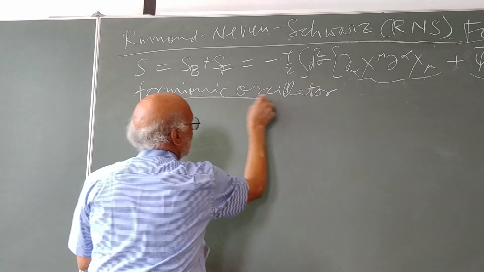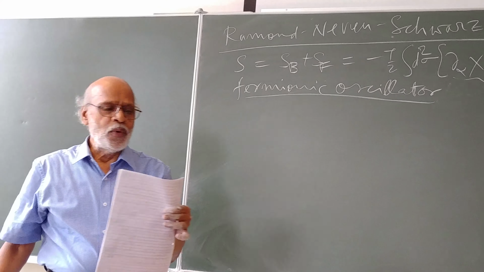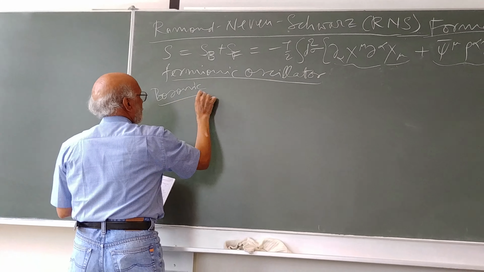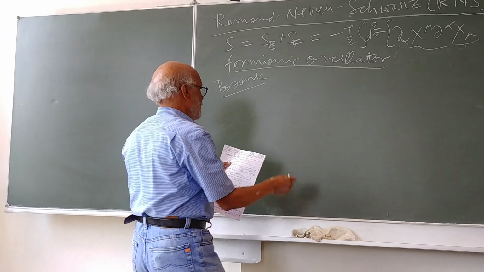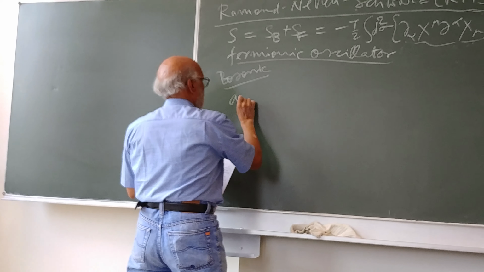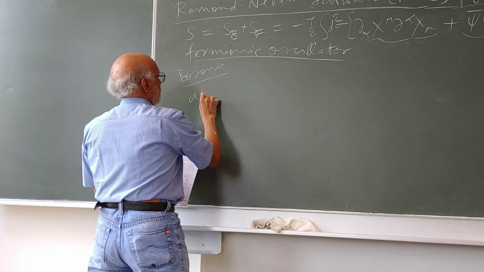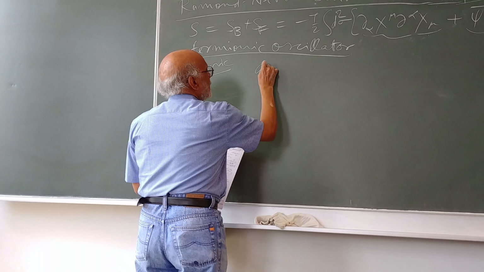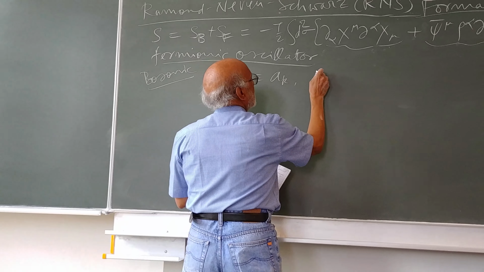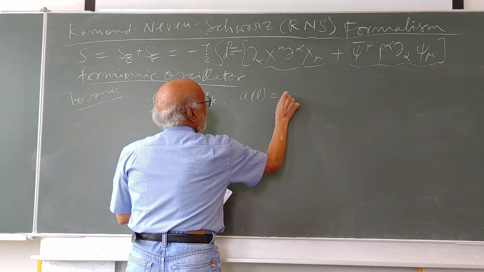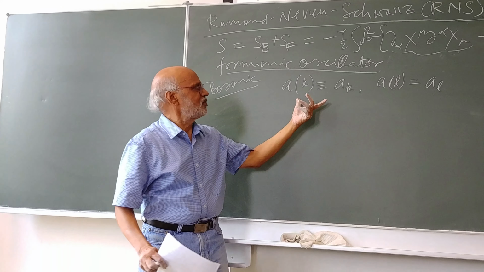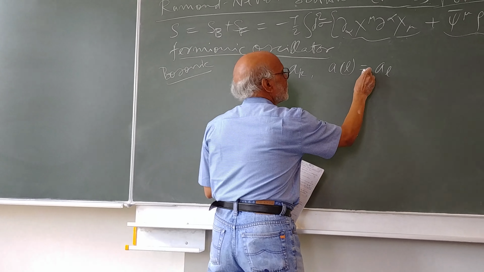Okay. So the main point here is, before this, in the bosonic case, what are the main results? We have, in the first place, let me write it as A_K and A_L. Okay, this is just the notation. I'm just defining the notation.